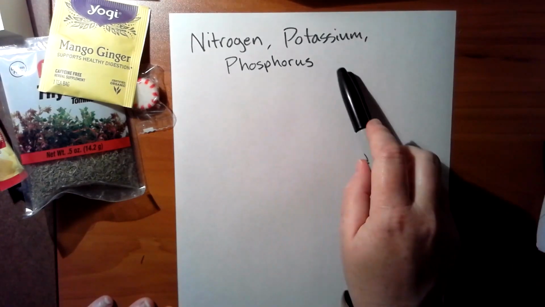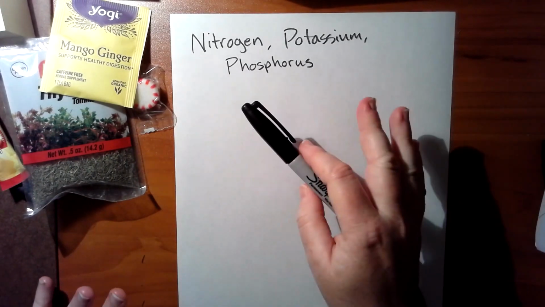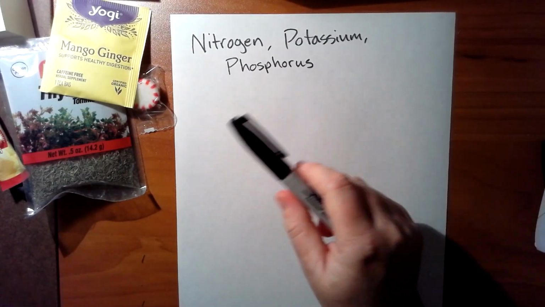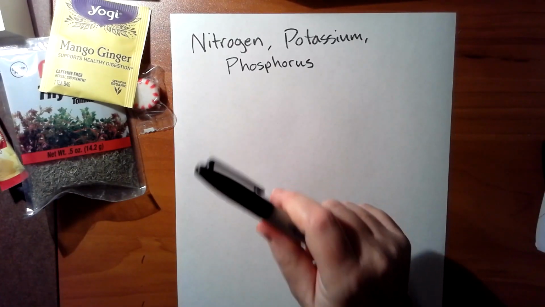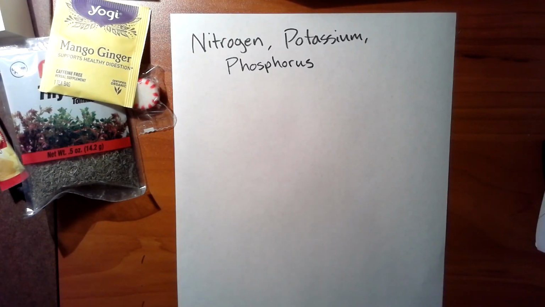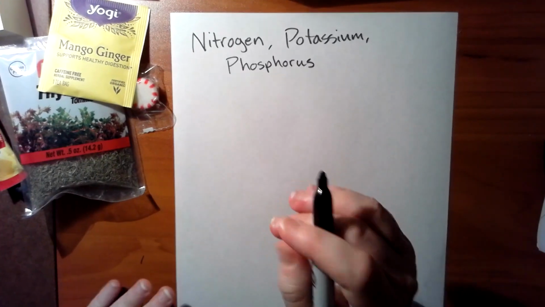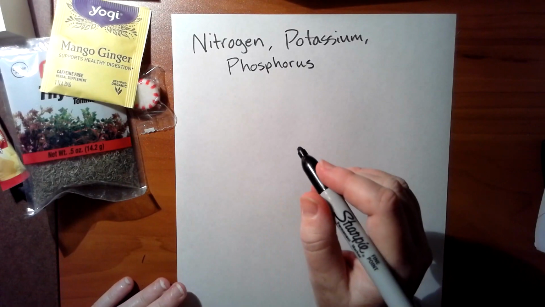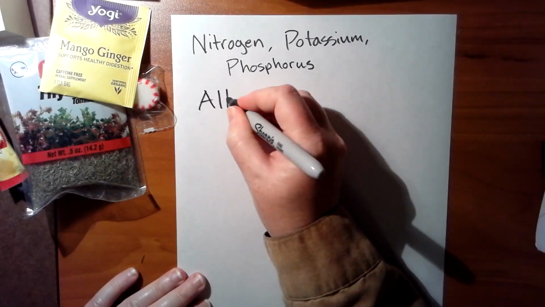So, looking at these 3 things, plants use these not only in growth and cell management and everything, but they also use them to their advantage when it comes to their defense systems. We talked a little bit about how plants defend themselves in that one video, but plants also defend themselves with groups of chemicals called alkaloids.